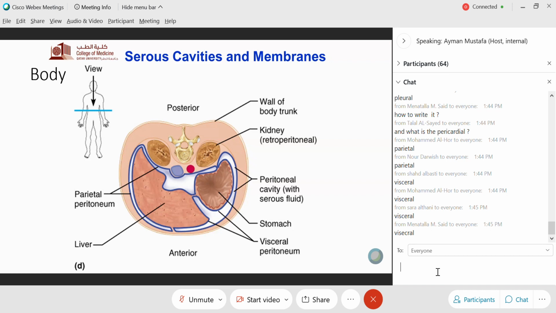They are all covered by peritoneum. Same thing for each organ: we will have visceral peritoneum covering the organ, and parietal facing the outer area, and the space between them we call the peritoneal cavity.